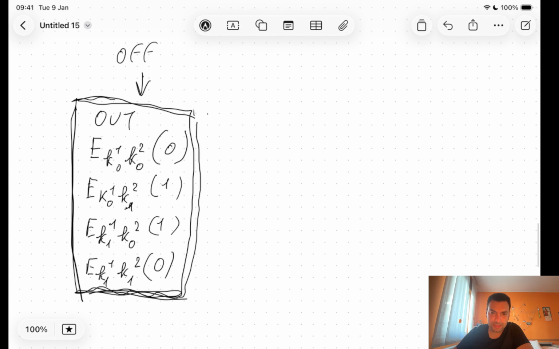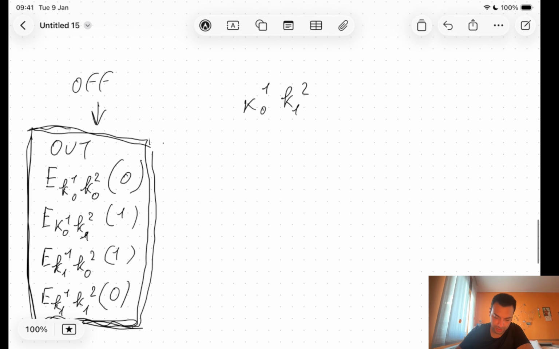And also, let's say that as a proof, I'm giving you the encoded proof. And in our case, the encoded proof may be something like K01, K12, okay? I give you those two keys. You put that into the table I gave you, right here.